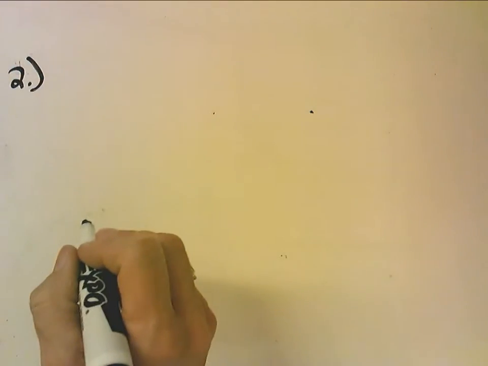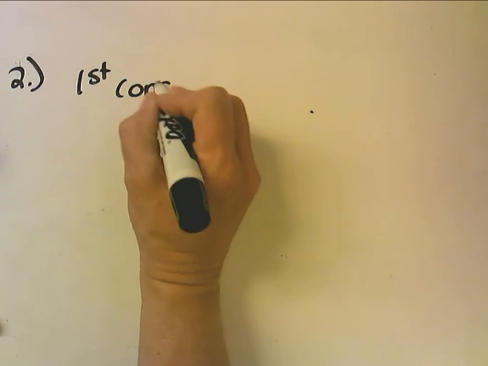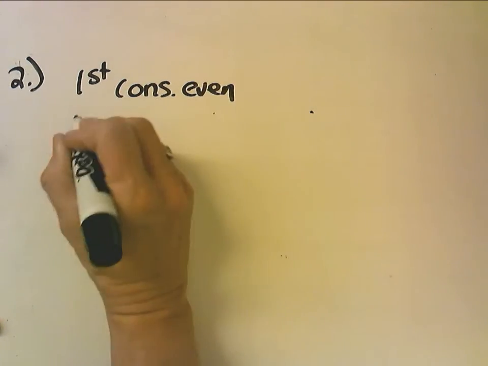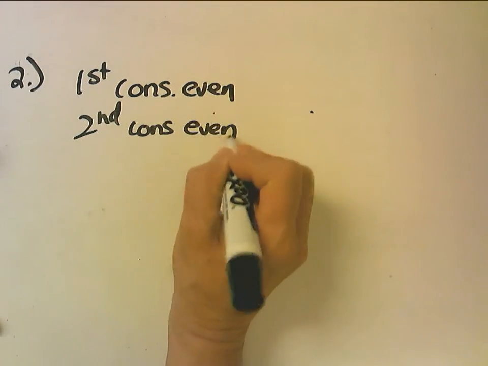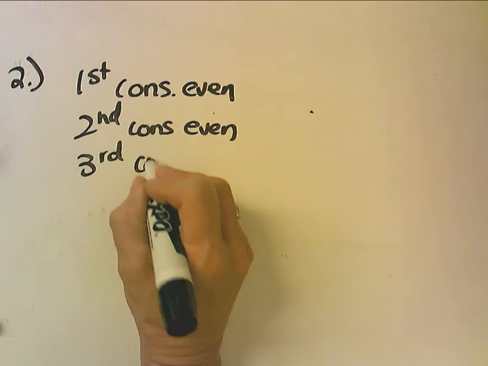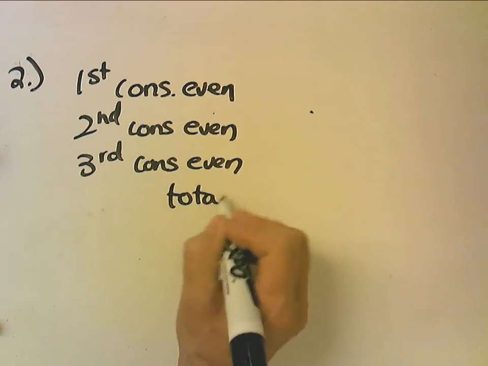Now, number 2 says find 3 consecutive even integers. So first consecutive even, second consecutive even, third consecutive even, and total.